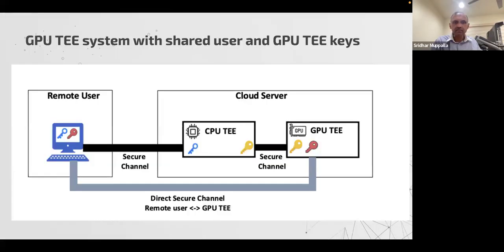Okay, the Fastrack design. We are going back to the original diagram, remote user and the cloud server. Before Fastrack is implemented, you see there is an encryption here, a decryption followed by another encryption, and then a decryption.